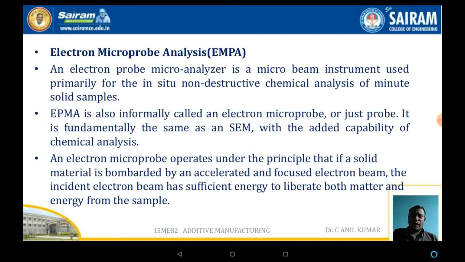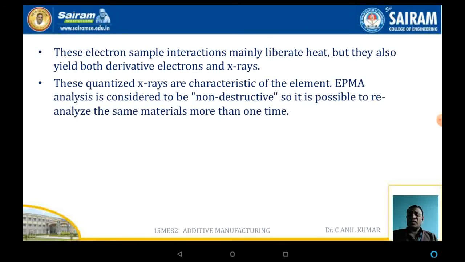The electron microprobe operates under the principle that if a solid material is bombarded by an accelerated and focused electron beam, the electron beam has sufficient energy to liberate both matter and energy from the sample. These electron-sample interactions mainly liberate heat, but they also yield both secondary electrons and X-rays.